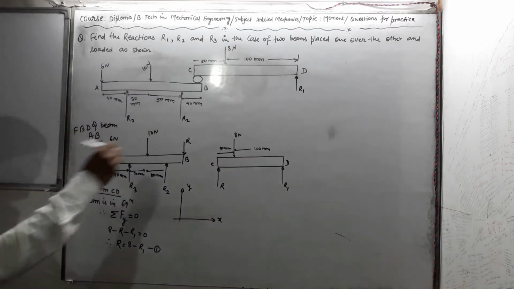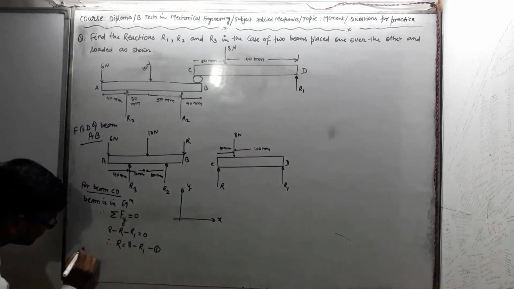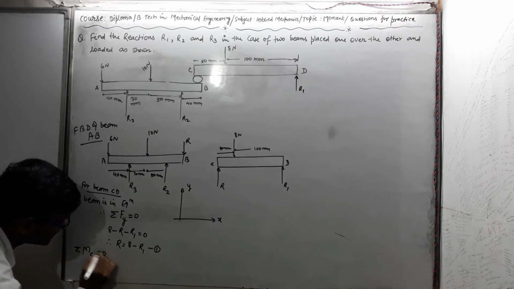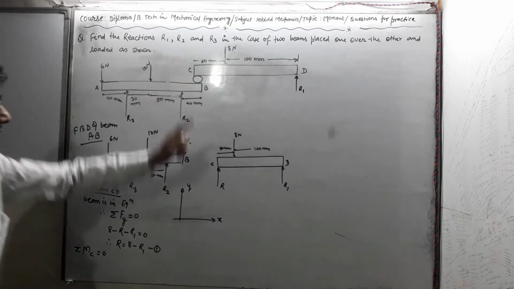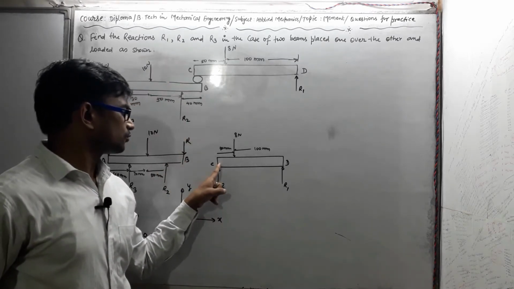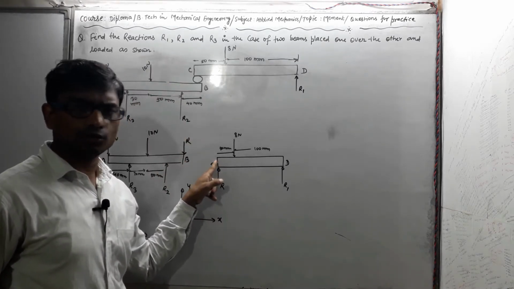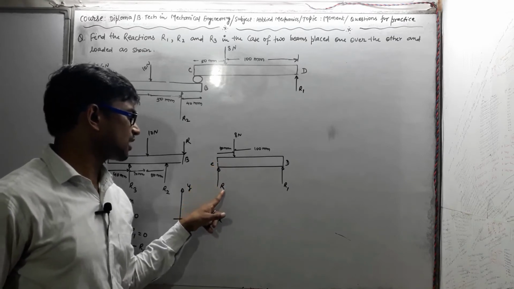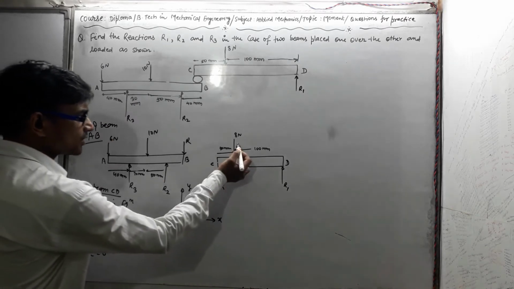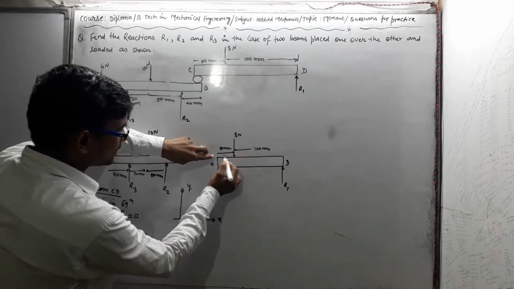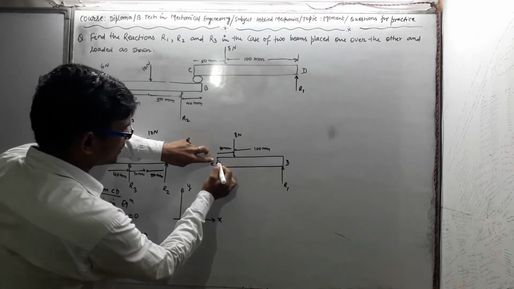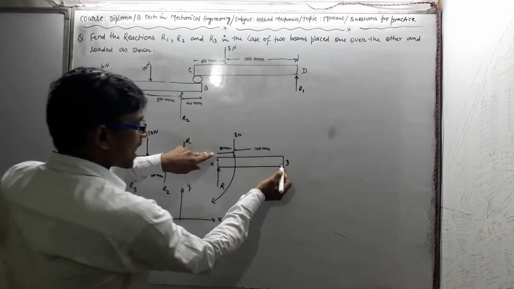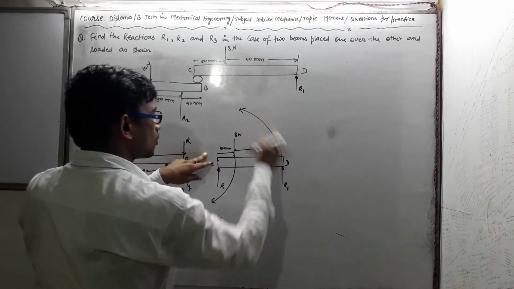Now, taking the summation of all moments about point C equal to 0, R is acting through the moment center, so no moment is produced by this force R. The 8 Newton force is acting at a distance of 50 mm from the moment center, so it creates a clockwise moment, and R1 creates an anti-clockwise moment.